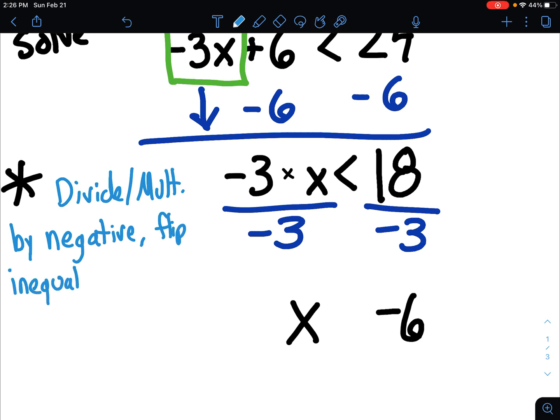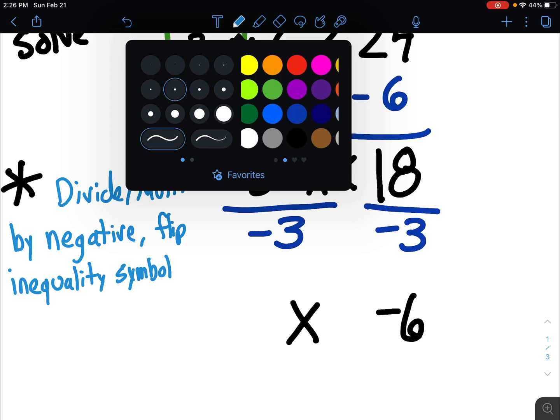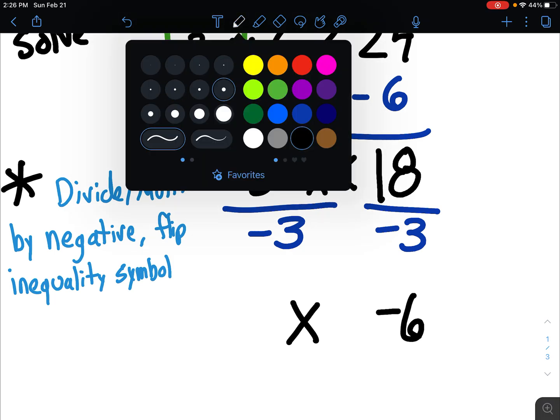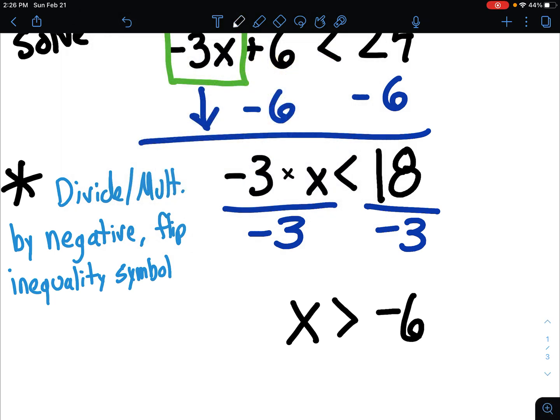You flip the inequality symbol. So it goes the opposite way. What that means is instead of this pointing that way, it's actually going to switch directions. So when I move it down here, it now becomes a greater than. So instead of being less than, my answer is x is greater than -6.